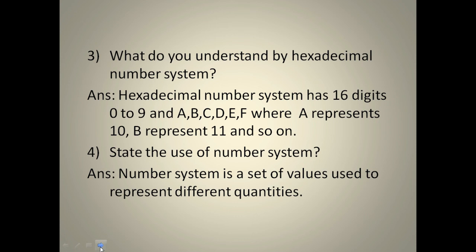So to communicate with a computer we need a number system, whether we are typing alphabets or any other symbols. Each and every character has a decimal, octal or hexadecimal number, and these are used to convert into binary form. So children, this is the use of number system.